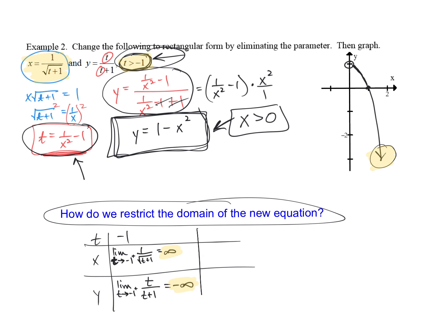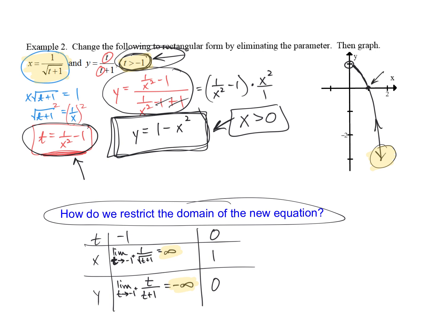Let's do another point. What if we plugged in, say, 0? What do you get when you plug in 0? What's the x? 1. And what's the y? 0. So that's this point right here, (1, 0). So it was going this direction.